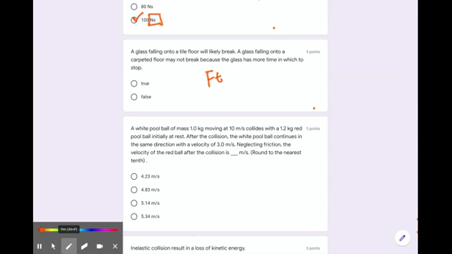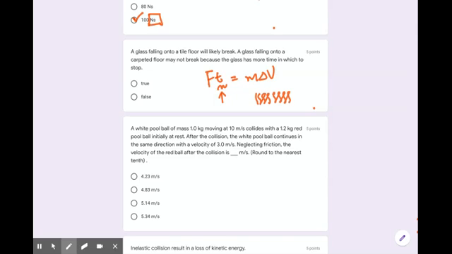F times T, right? Equal M delta V. Impulse depends on time. When you have carpet, the carpet actually creates that space. So the glass, when it falls, the carpet increases the time when it hits the actual ground, right?